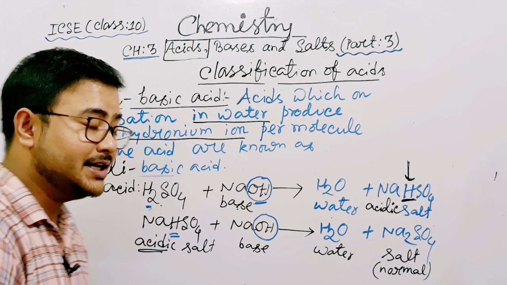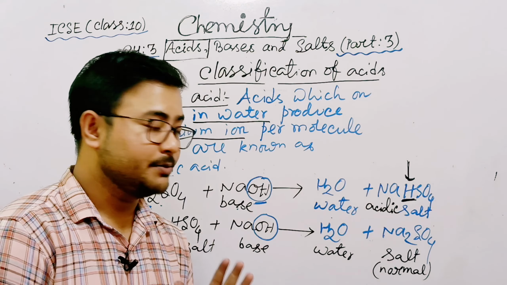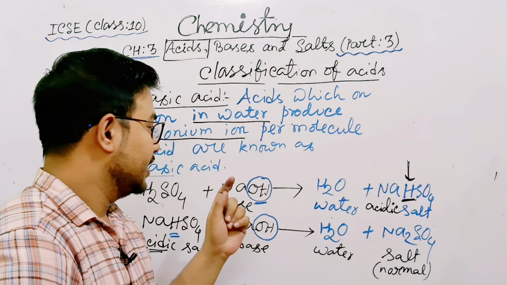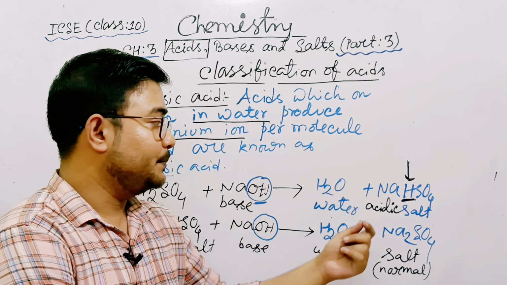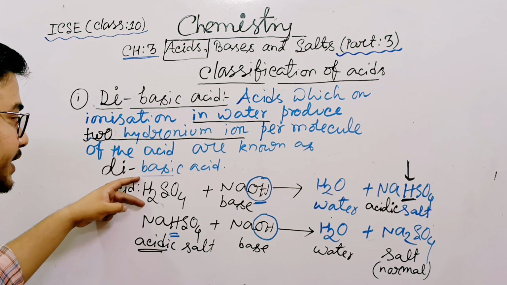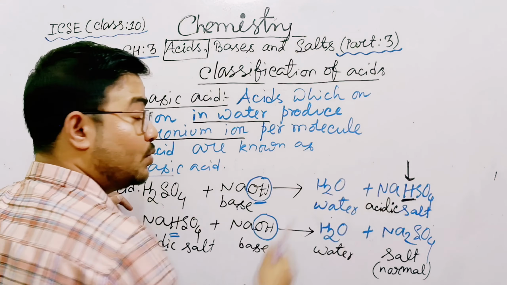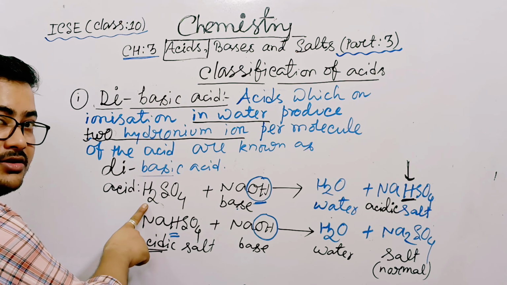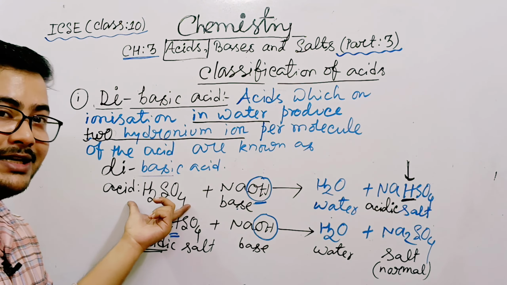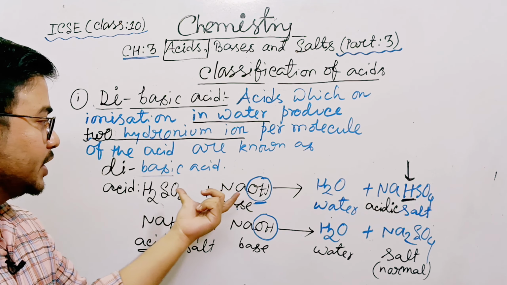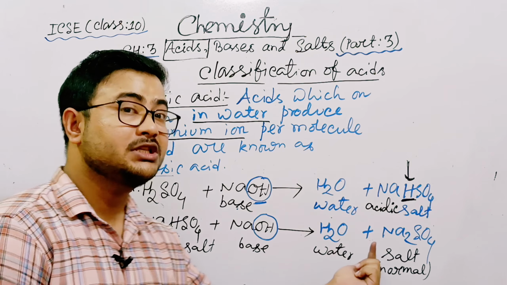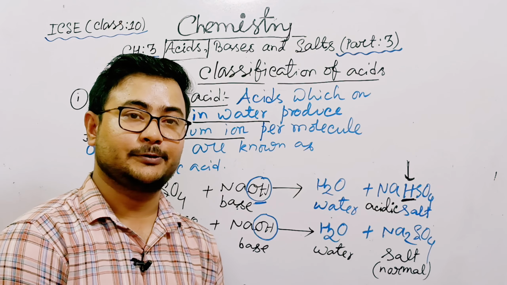Do you understand? So it is a very important point. When dibasic acids react with a base, in the first step they produce acidic salt, because two H are there. In the first step only one H is removed. So when any dibasic acid reacts with base, in the first step it produces acidic salt, and in the second step it produces complete salt, that is normal salt.